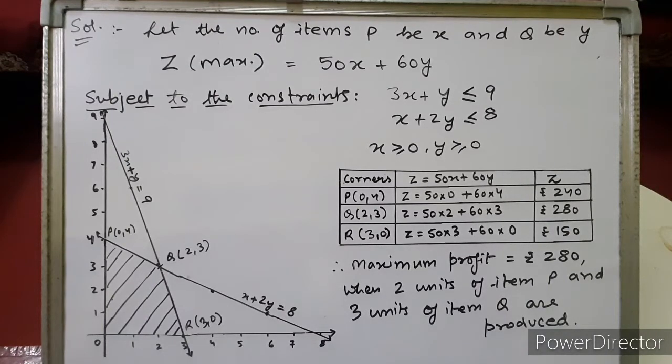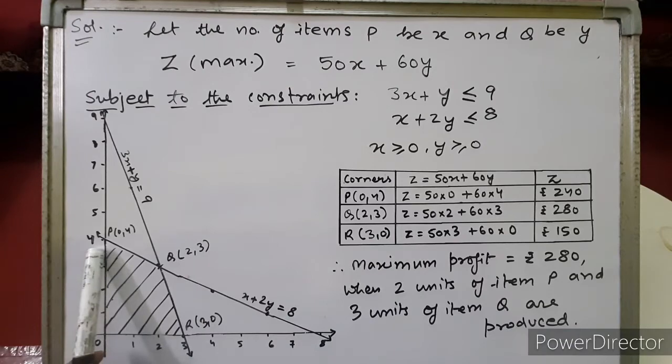Now what we'll do, we'll graph the inequations on the graph paper to find the feasible region, right? To find the solution. So when we plot the line 3x plus y less than equal to 9, we'll get this line, okay? And x plus 2y less than equal to 8, we'll get this straight line, and these two lines intersect at this point, okay?